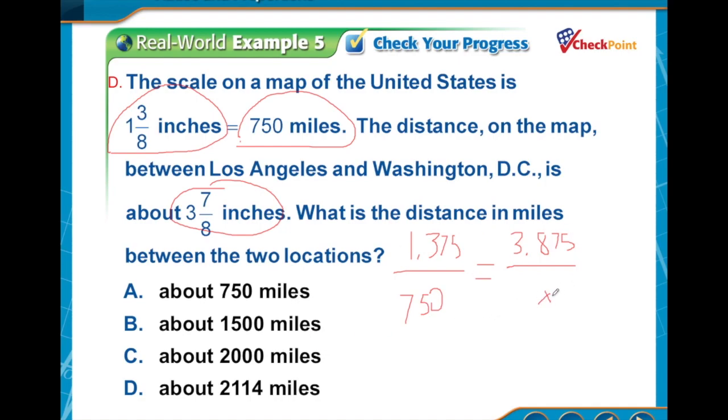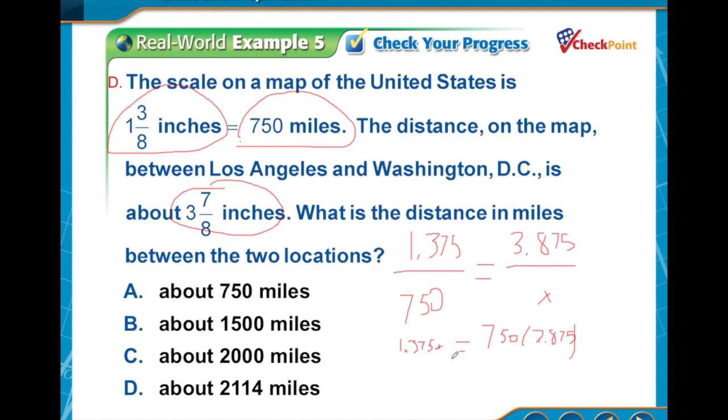So this is the miles that we need to find, and this is our proportion. So we'll get 1.375x when we multiply across, and that's equal to 750 times 3.875, so a little bit less than 4.